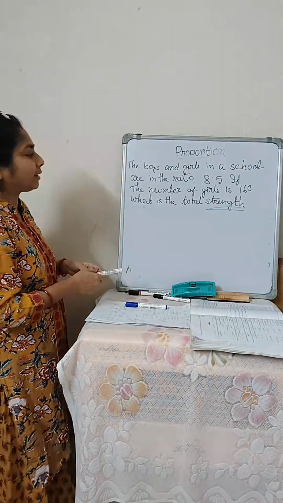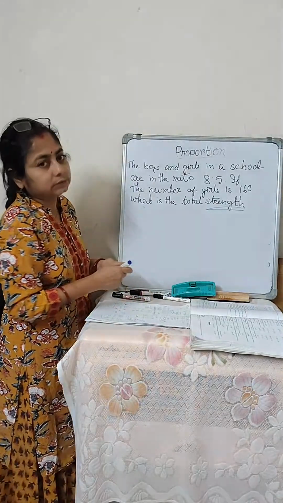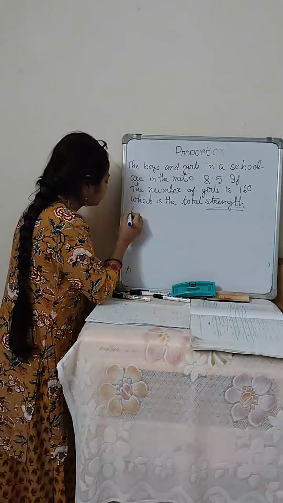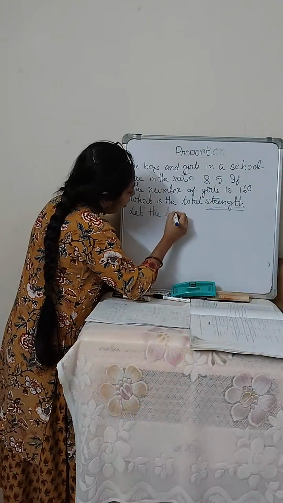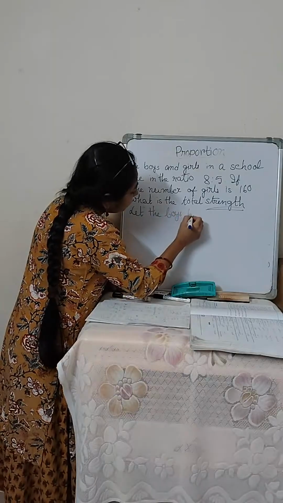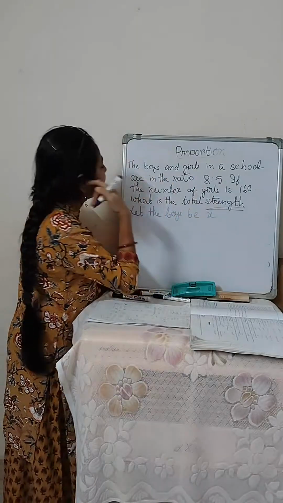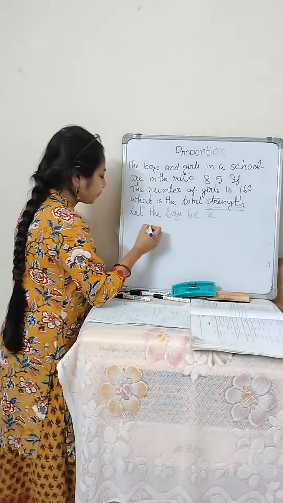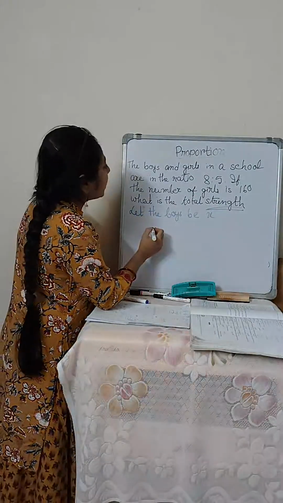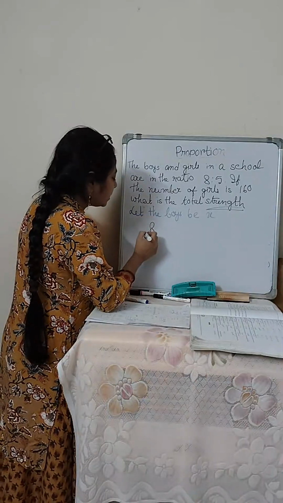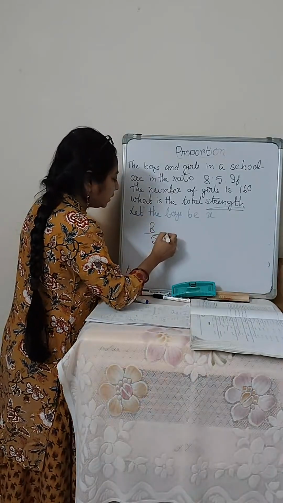So what I am writing: let the boys be X. Then what's the ratio? The ratio is 8/5. 8 is boys and 5 is girls.